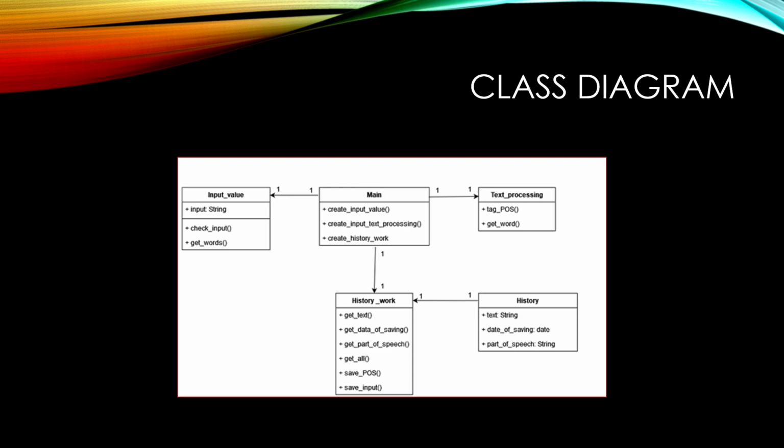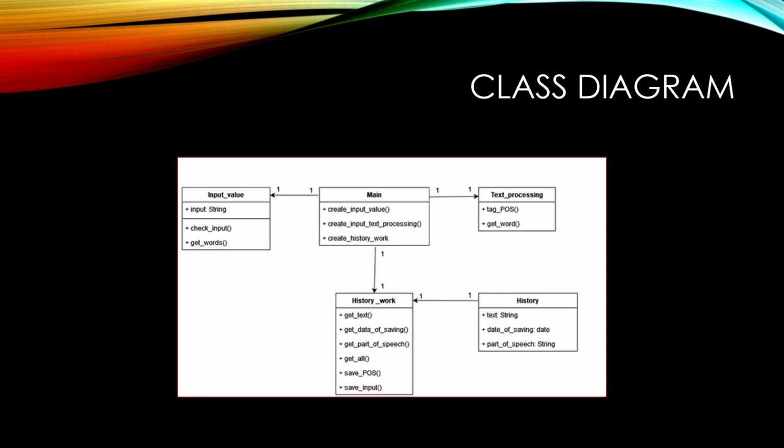In this diagram, we have a few classes like input value, main, text processing, history work, and history. History is an entity for describing history by such values like text, date of saving, part of speech. History work is a class for working with history.